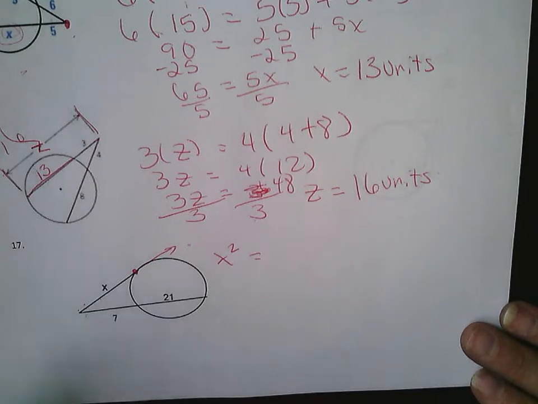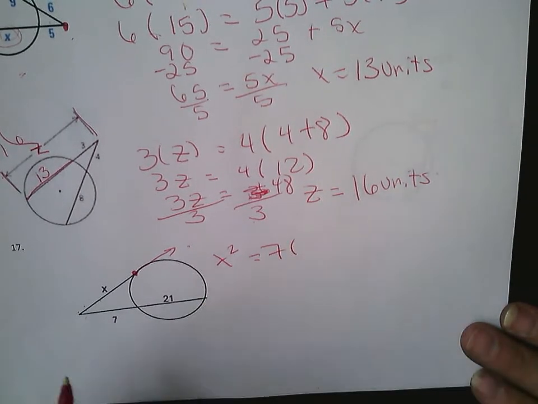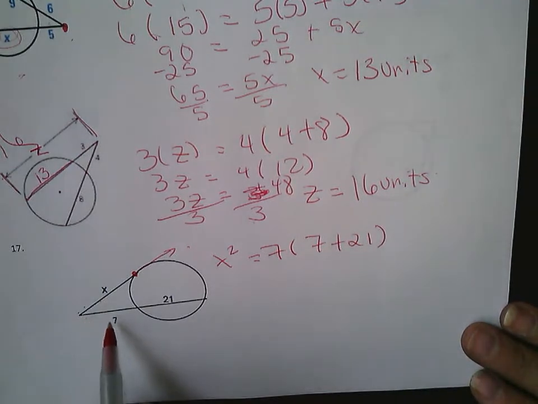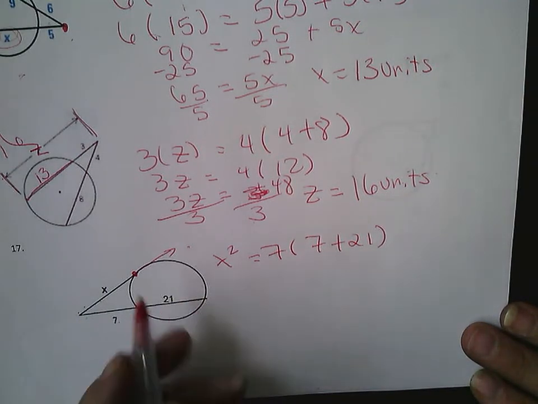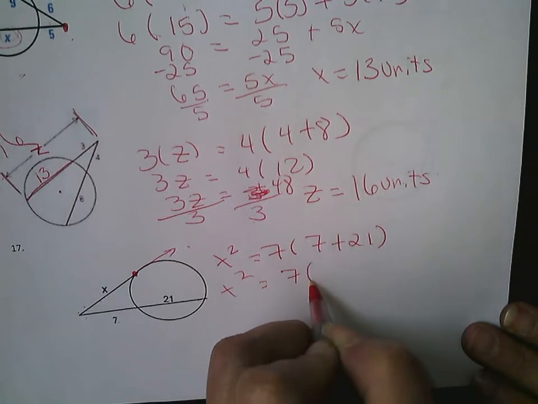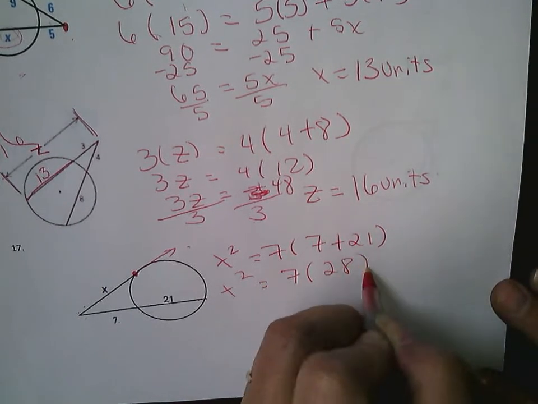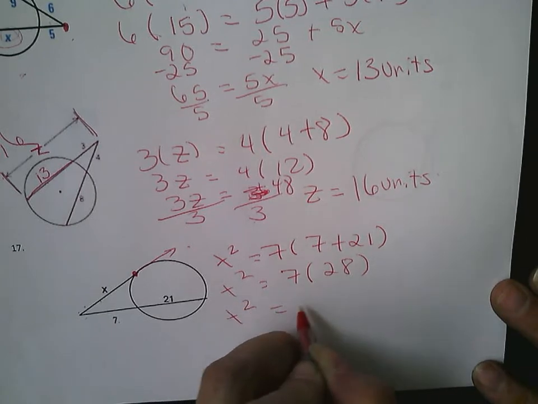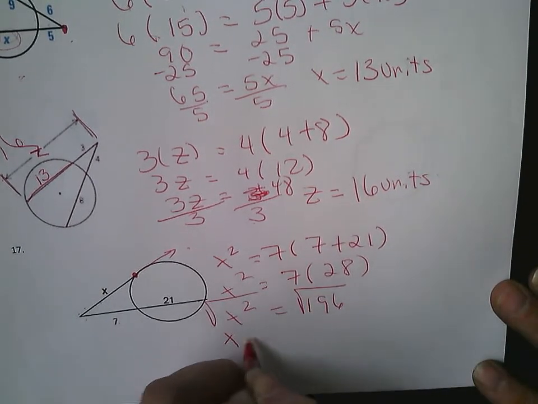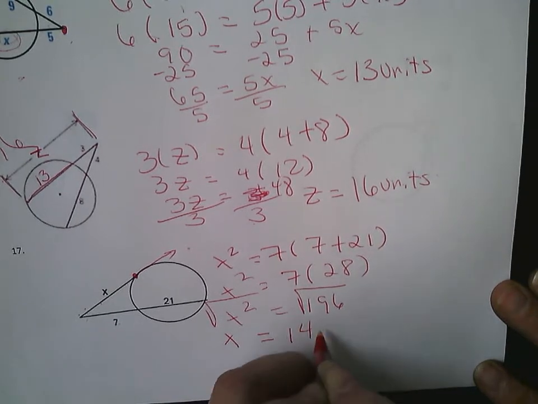The outside is 7 times 7 plus 21. So 7 on the outside plus the entire thing. X squared equals 7 times 28. X squared equals 196. Take the square root of both sides. X equals 14 units.